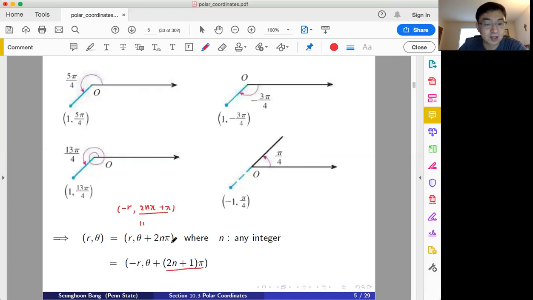The other expression changes negative r, theta plus 2m pi, by subtracting pi. This is the same. You can combine this one: we have (2m minus 1) pi. So we have this relation.